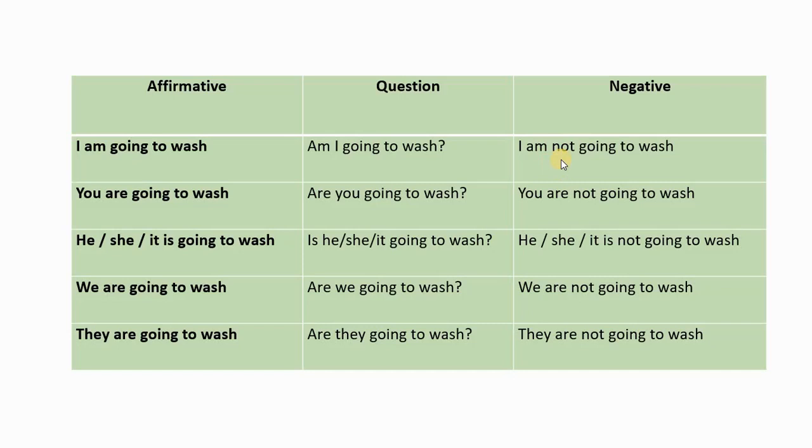So in the negative, we add the word not in between the verb to be and the word going. In I am not going to wash, the verb to be is am. The word not is in between the verb to be and going. So, going is the present progressive of the verb to go.